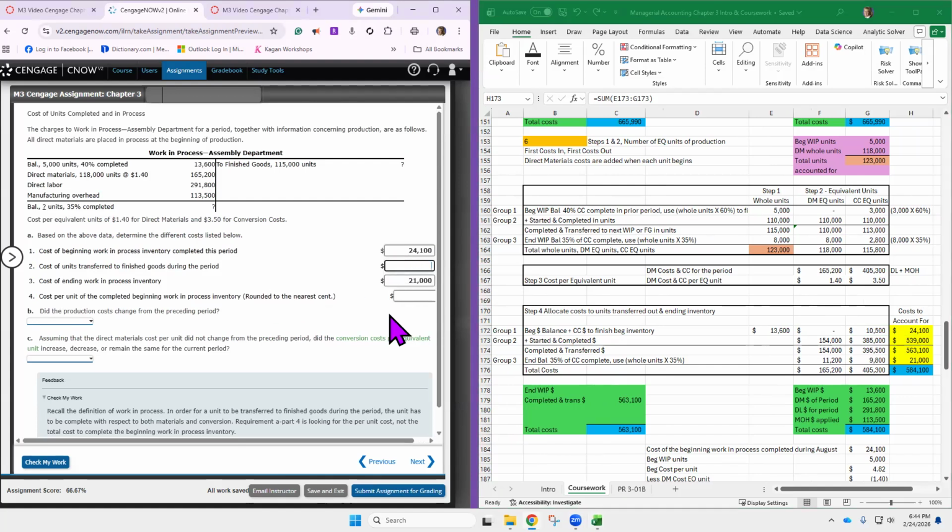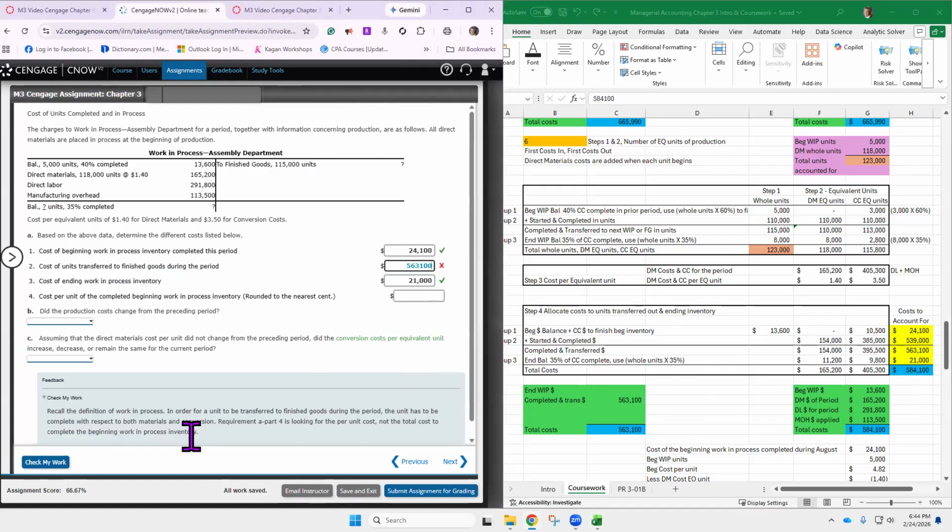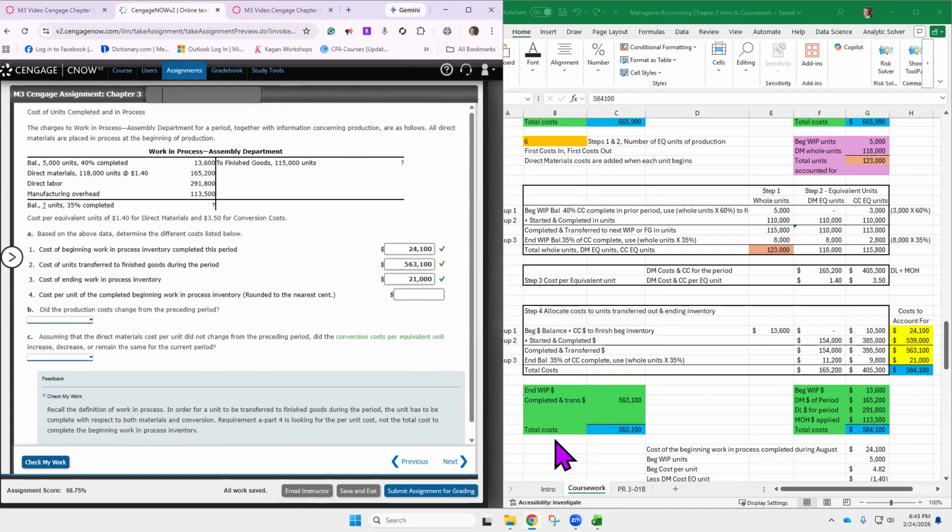I'm going to put 563,100. That's how much these are. We had to find that. So let's key this in: 563,100. Remember, this number is these two added together. Let's check it. There, that's better.